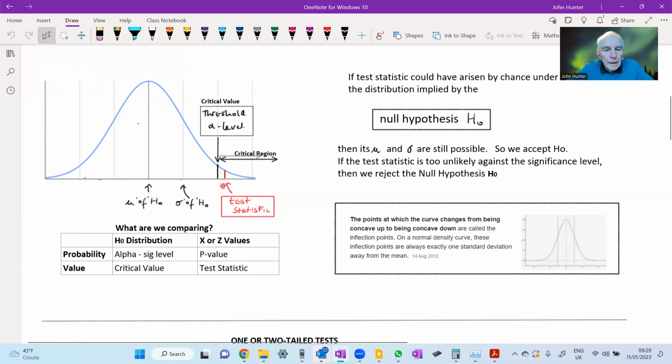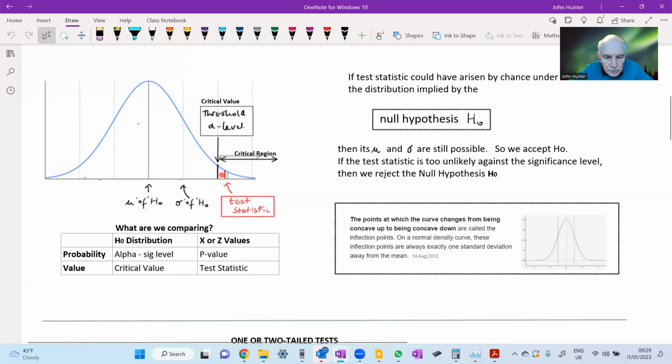Then, if we define our threshold level, we talk about the alpha level. That is this value here. Now, this might be 5%. Well, what does that mean by 5%?